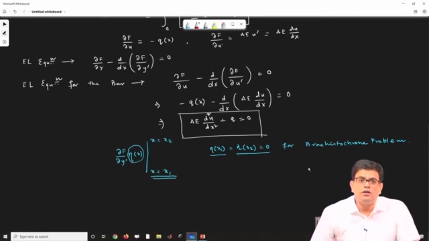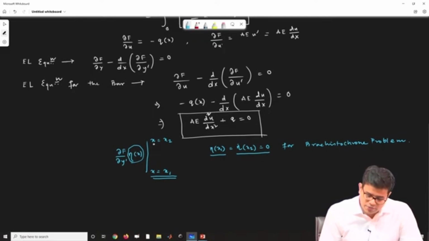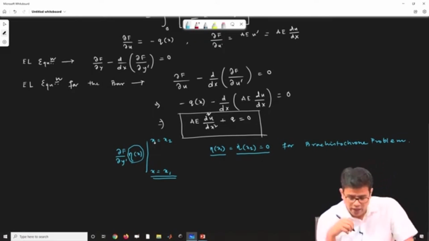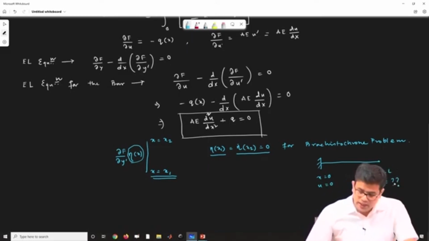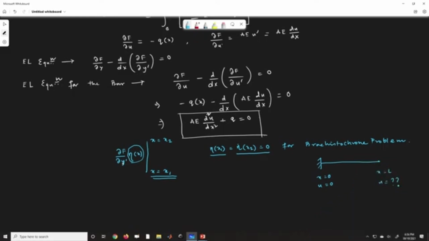But eta x is not specified at x equals x2, it can be arbitrary at x equals L. In the bar problem, at x equals 0 our u is given as 0, but at x equals L I don't know u. So naturally I have to specify this condition, otherwise this is not applicable.